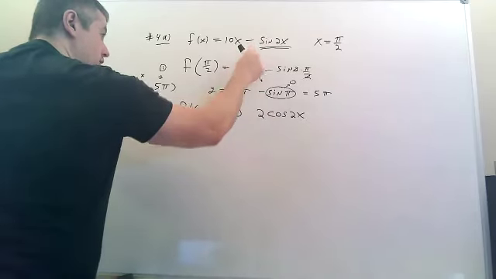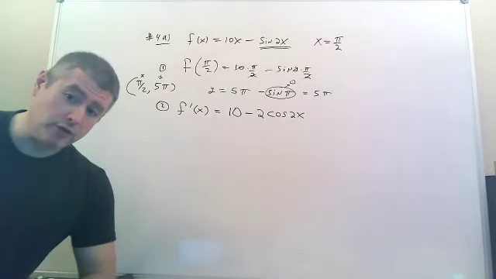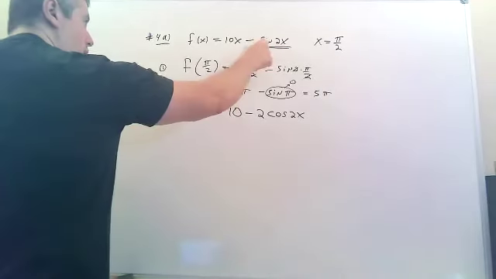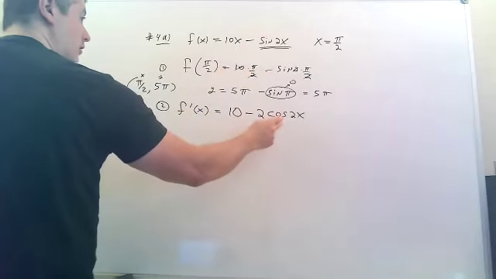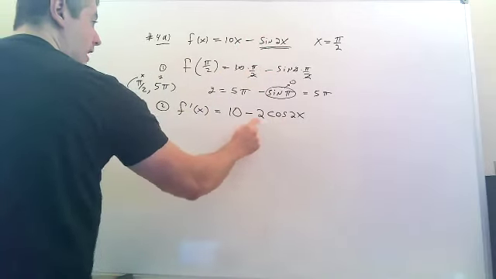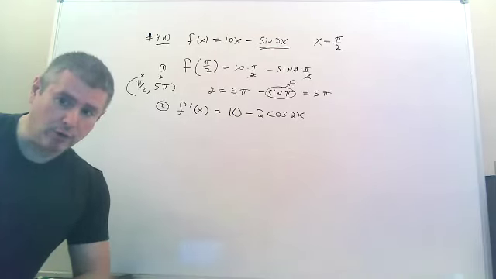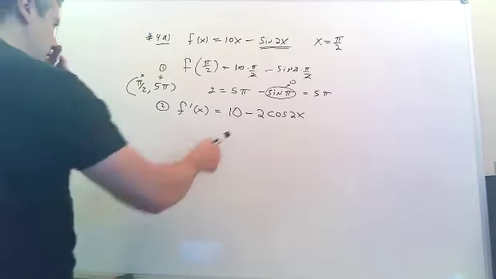The derivative of sine is cosine, so it doesn't switch. The derivative of cosine is negative sine. Had this been cosine, this would have switched to a plus, but it's not. So the derivative of sine is cosine, but chain rule. If you forget that 2, it messes up the slope. Once the slope is wrong, then the problem is wrong. So you have to be very, very careful.